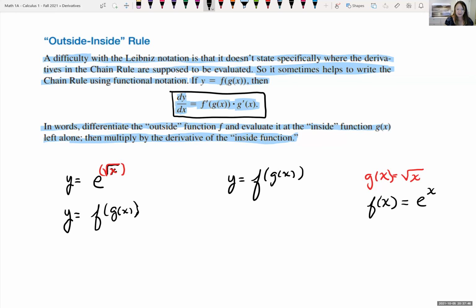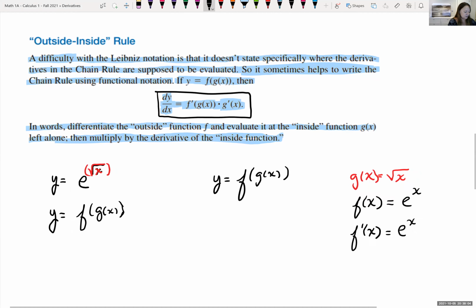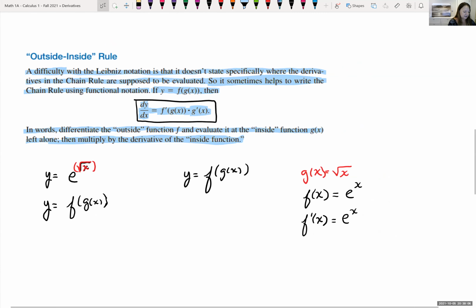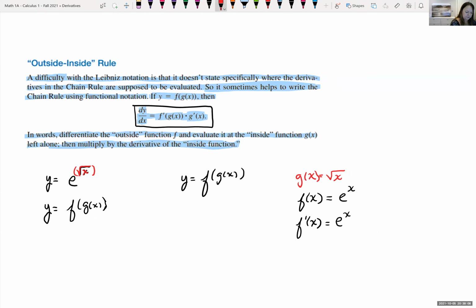Recall that when we take the derivative of e to the x, it was just e to the x itself. So the derivative of the outer function, e to the x, is e to the x. To take the derivative of g of x, we want to rewrite it with a power instead of a radical. The square root of x is the same thing as x to the 1/2 power.